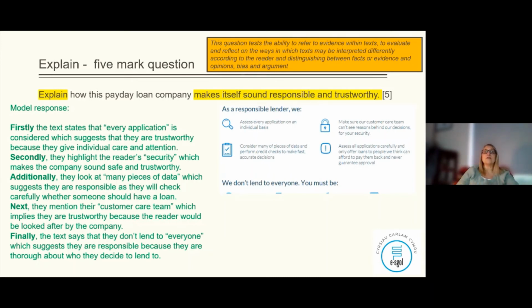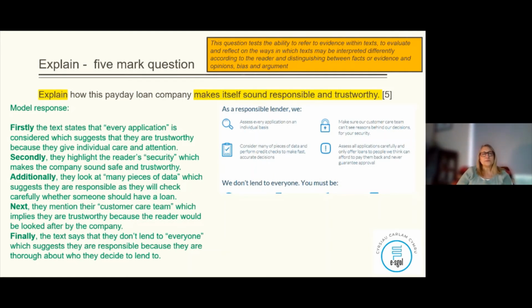You have to use different vocabulary, flamboyant techniques, etc. But with this, you don't. It's just a straightforward reading. Read the text, provide the answer, use a structure because it helps you.